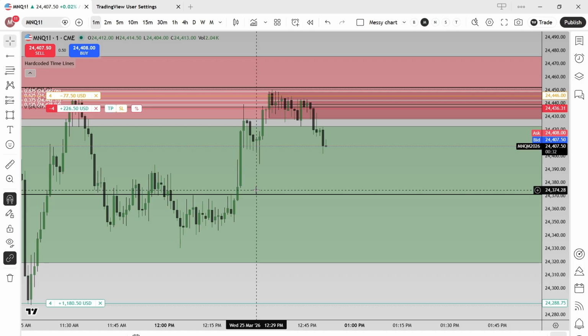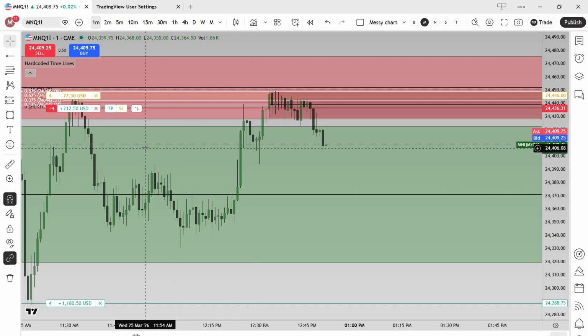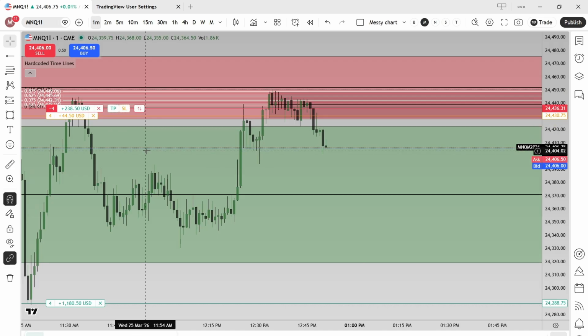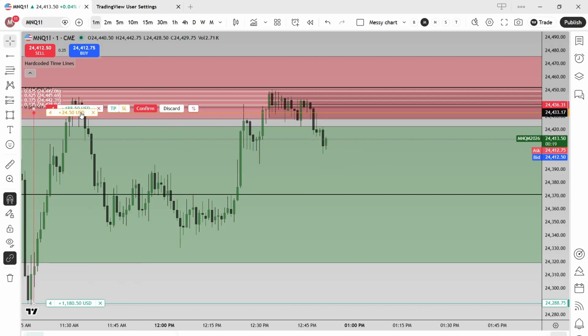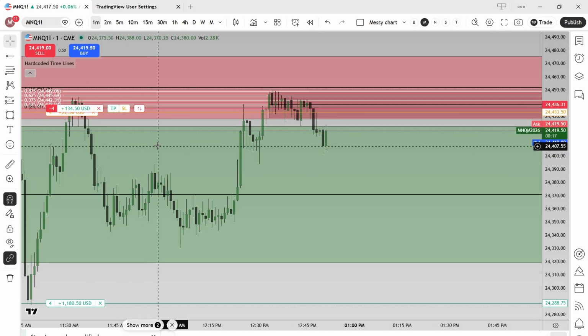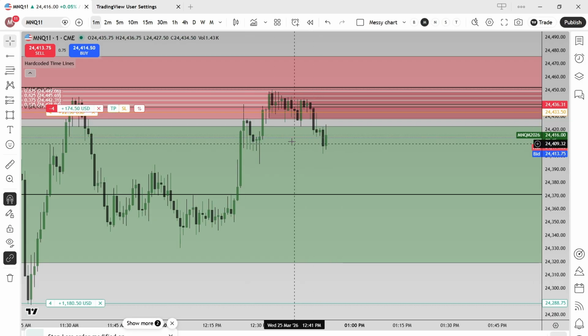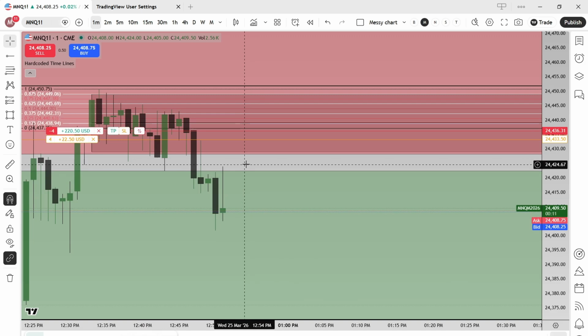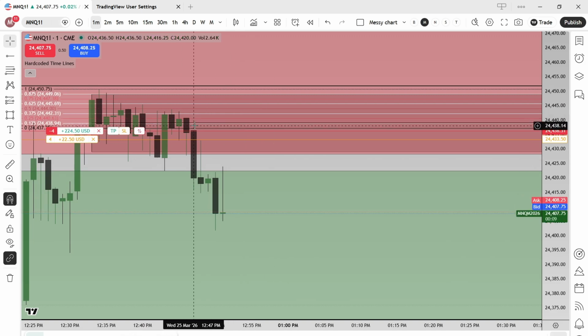This is a good time to be extra safe with your stop loss, putting it above old highs. I don't want to see it get into this immediate rebalance again. I just want to see this breaker hold.